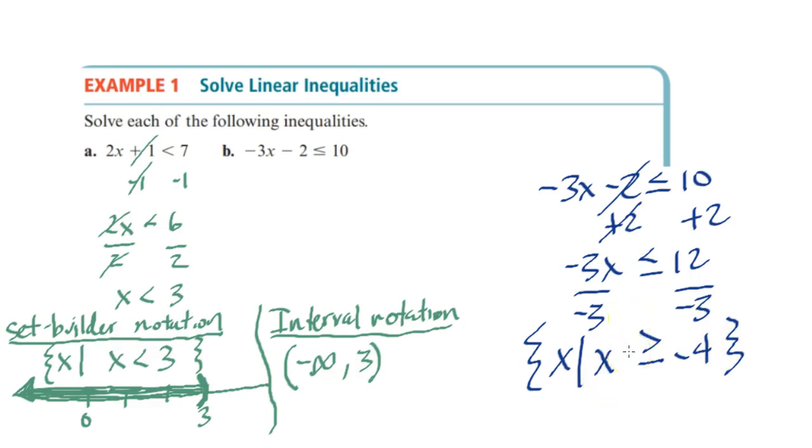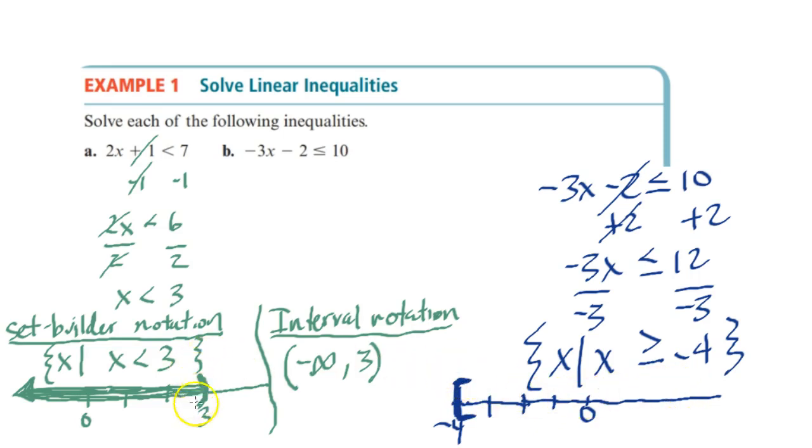Now, graphically, we would have negative 4, and it would be greater than or equal to. The way to write this out is, okay, so we'd have 0, negative 1, negative 2, negative 3, negative 4. And it's greater than or equal to. So it's everything above negative 4. So we would want to use a hard bracket like this, pointing in the right direction, because we want to include negative 4.